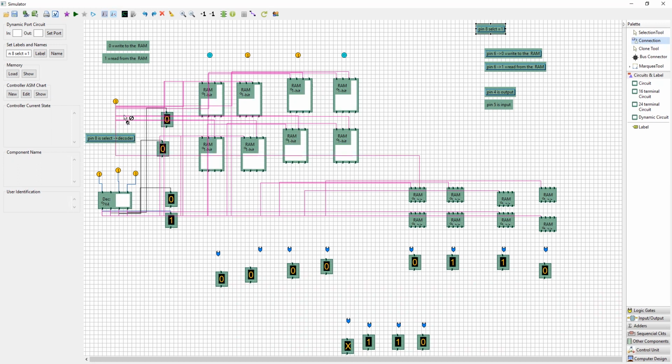This pin number 6 we are connecting commonly to one 1 bit switch, that is, for every RAM cell. Okay, so this is easy.